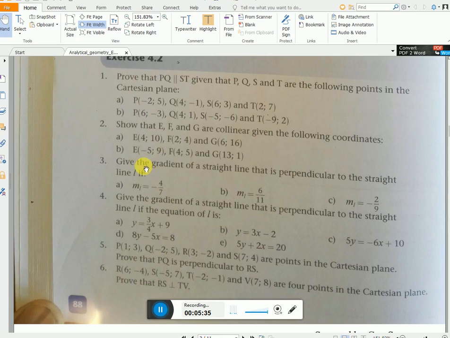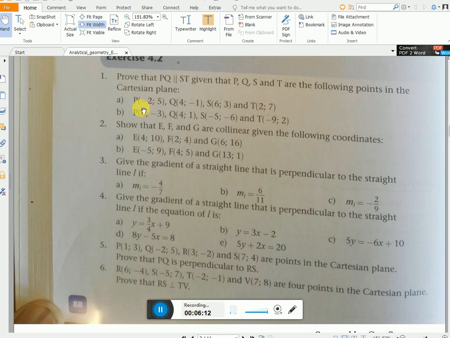I want us to use PQ. P is -2 and 5, and Q is 4 and -1. Then S is 6 and 3, while T is 2 and 7.